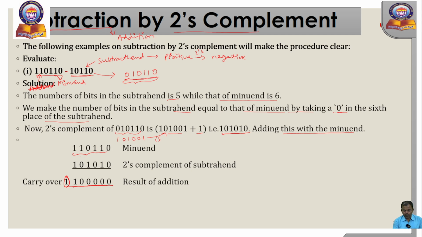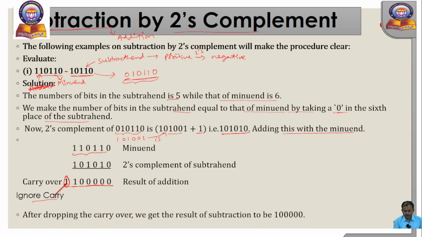So in any 2's complement method, if the addition gives you a carry, then you can simply ignore that carry. Whatever bits are left after ignoring this carry give you the subtraction of the given two numbers.